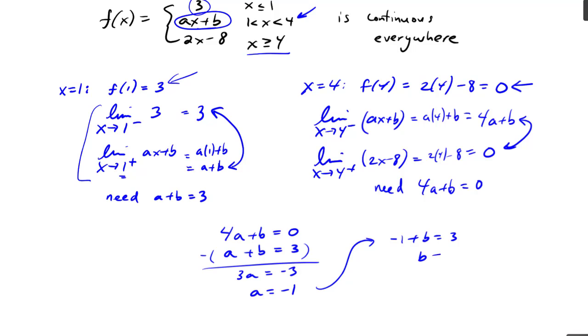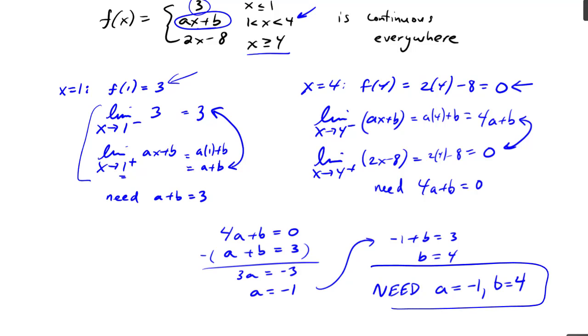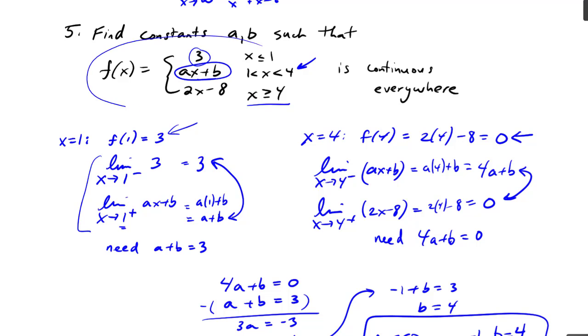So that means b is 4. So I need a equal negative 1, b equal 4. That will ensure continuity everywhere for this original function.